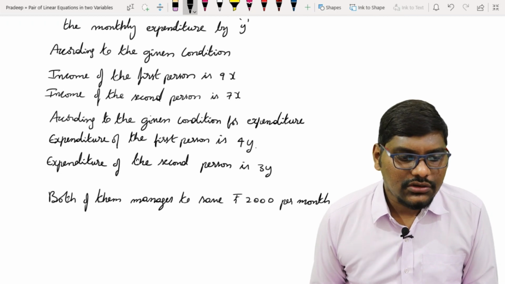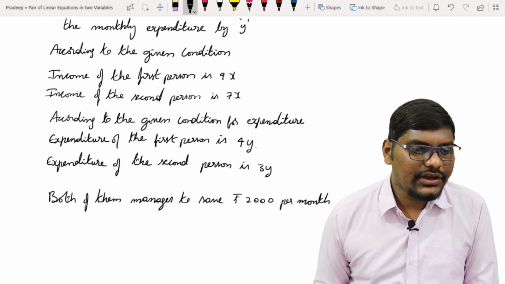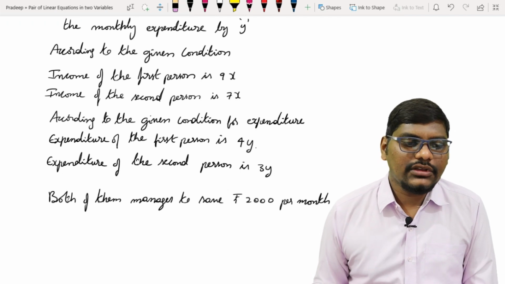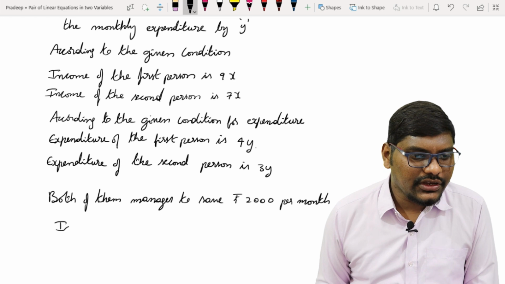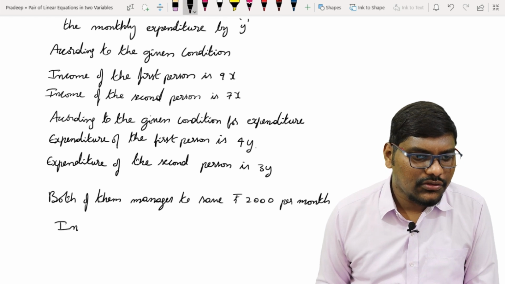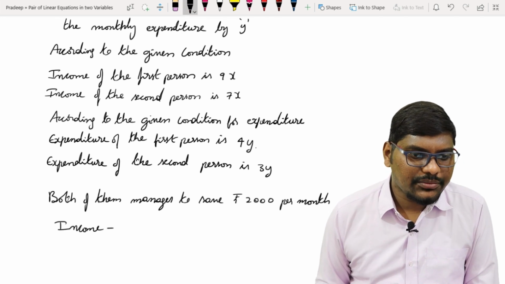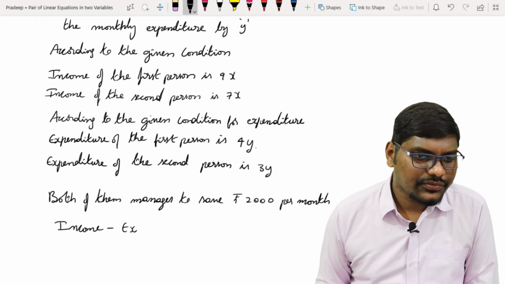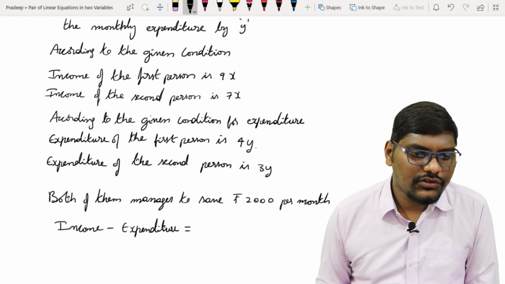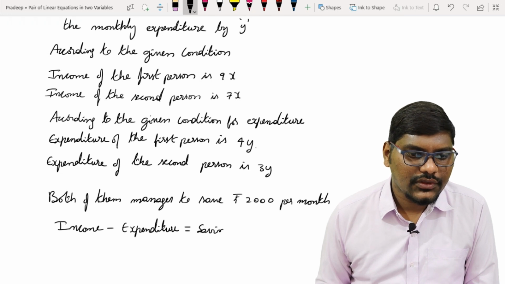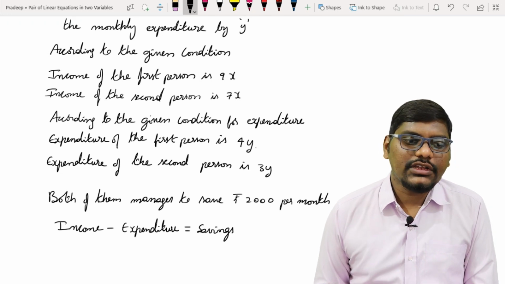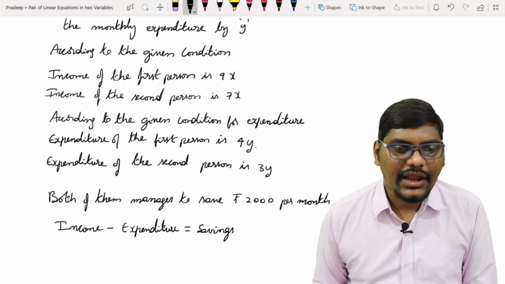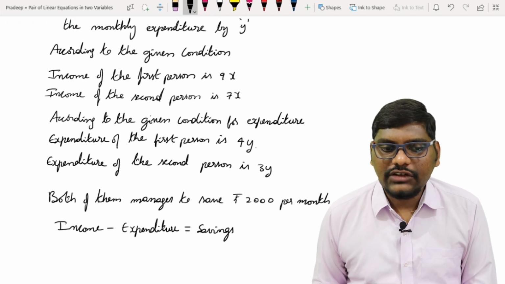Now we can write: income minus expenditure is equal to savings. Whatever income they are getting, if they subtract the expenditure, that will be the savings.